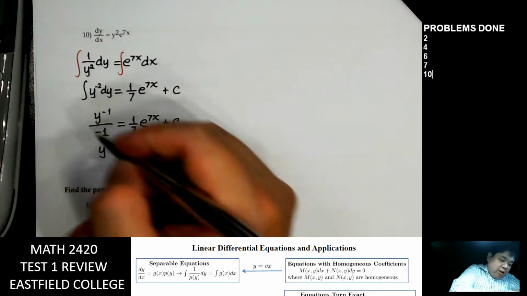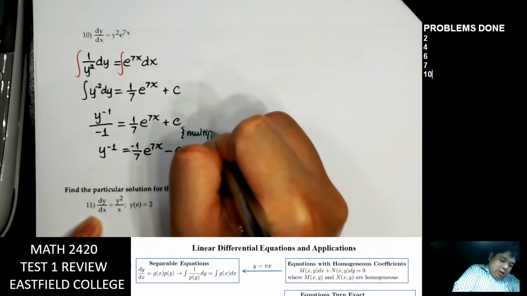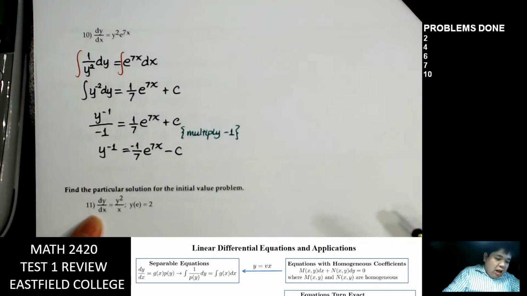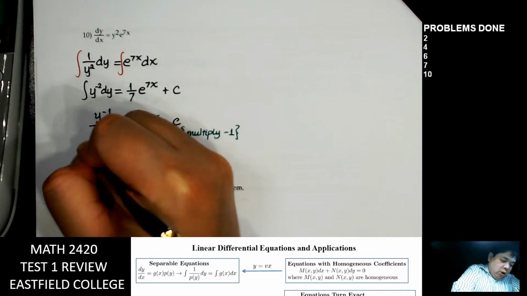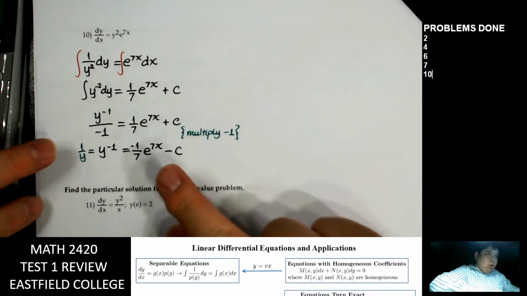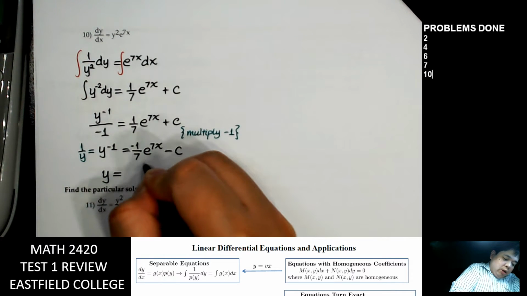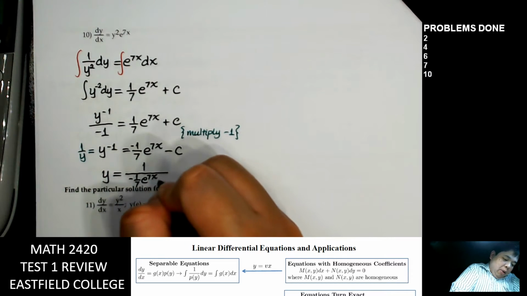So we multiply everything by negative 1 on both sides. And y to the negative 1 is 1 over y, so just flip it on both sides. We have y equal to 1 over negative 1 over 7 e to the 7x minus c.